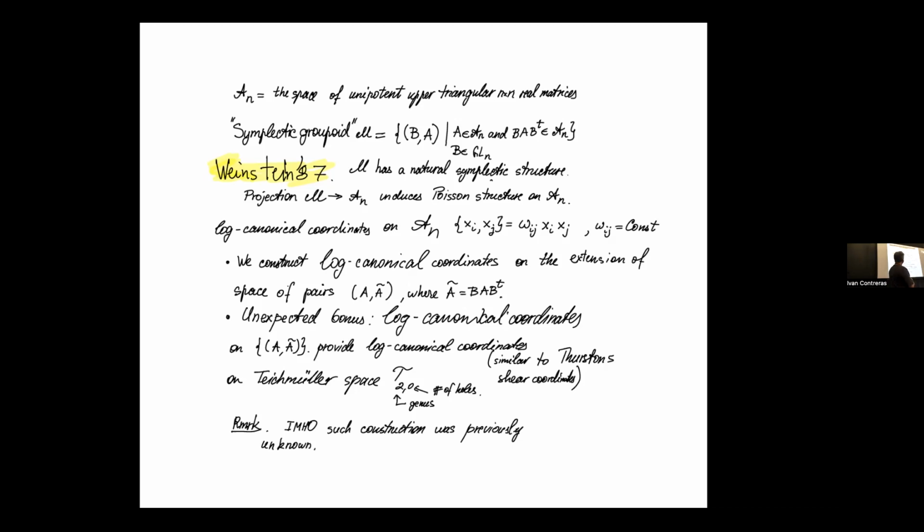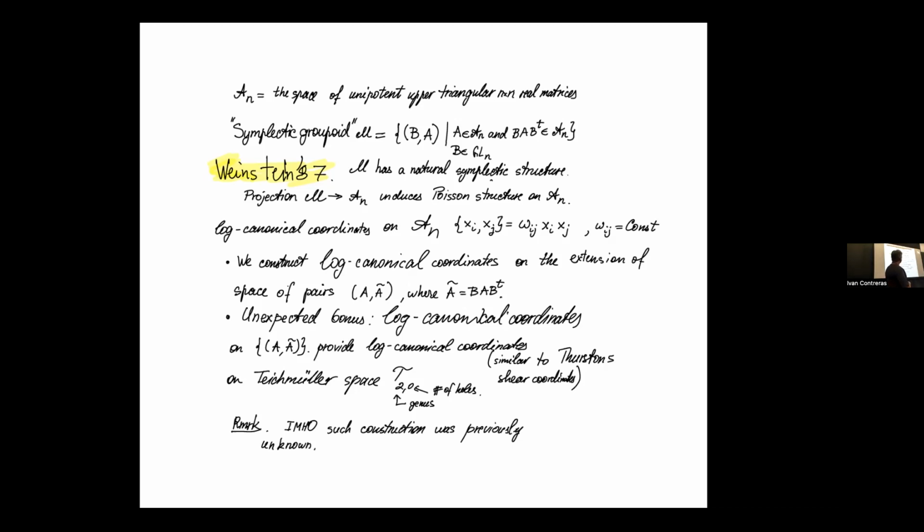The log canonical coordinates on this space are a collection of coordinates xi, xj, such that the Poisson bracket between xi and xj has a very simple form. It's just some constant depending on i, j times the product of xi, xj. By definition, it's sort of Darboux coordinates, with some small change.